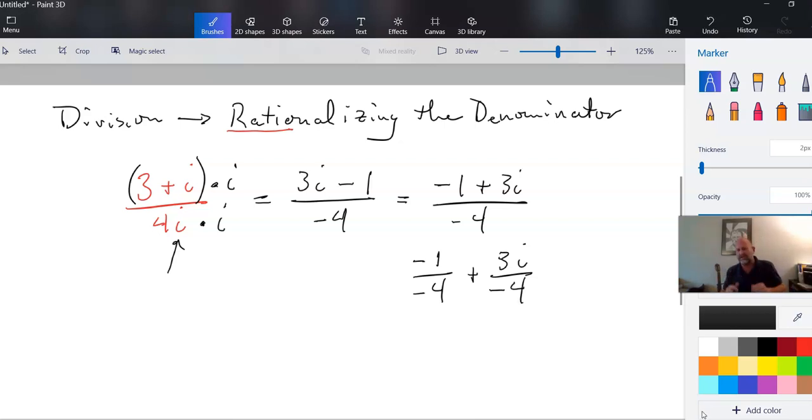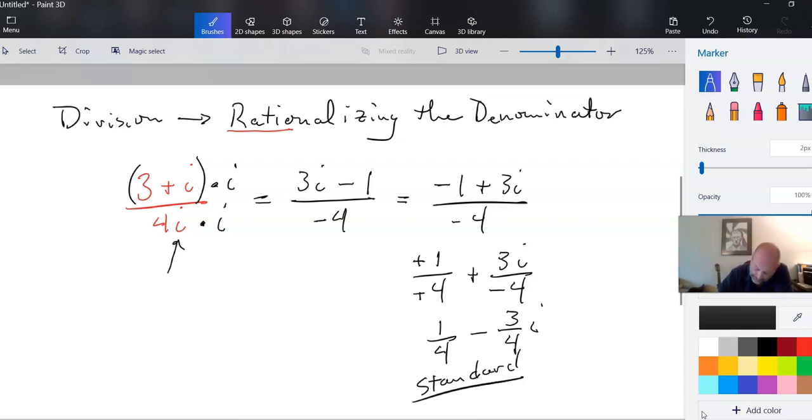Now we need to massage this and simplify it a little bit. A negative divided by a negative is a positive, so this is positive 1/4 now. And then over here, I have a positive divided by a negative, and so that means it comes out negative, so I can write minus 3/4. And then the i is in the numerator, and so I can move it over here. And this is now in the standard form, right?